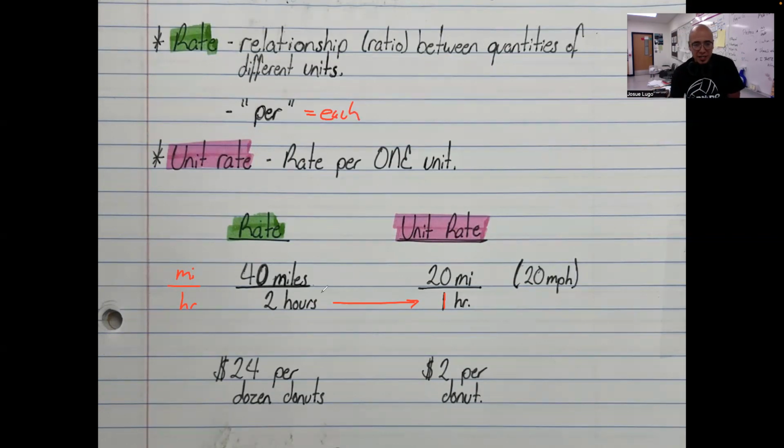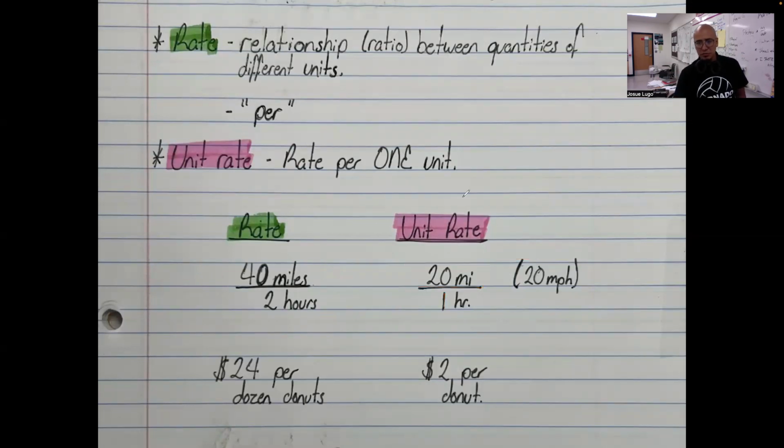Well, like anything, ladies and gentlemen, any number divided by itself will give you 1. So 2 divided by 2 is 1. And if I want to have the same ratio, the same relationship, I need to divide the numerator by 2 as well. 40 divided by 2, ladies and gentlemen, will give me 20. So 40 miles every 2 hours is the same thing as 20 miles per hour. It's the same rate, but it's written as a unit rate, the rate for 1 hour.